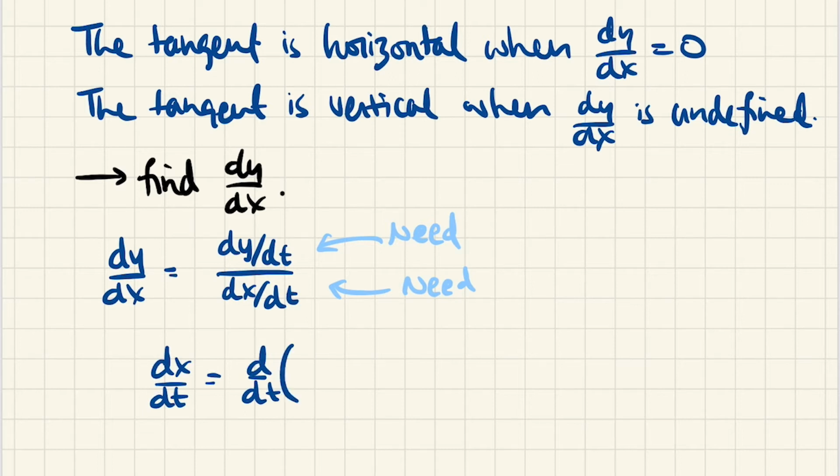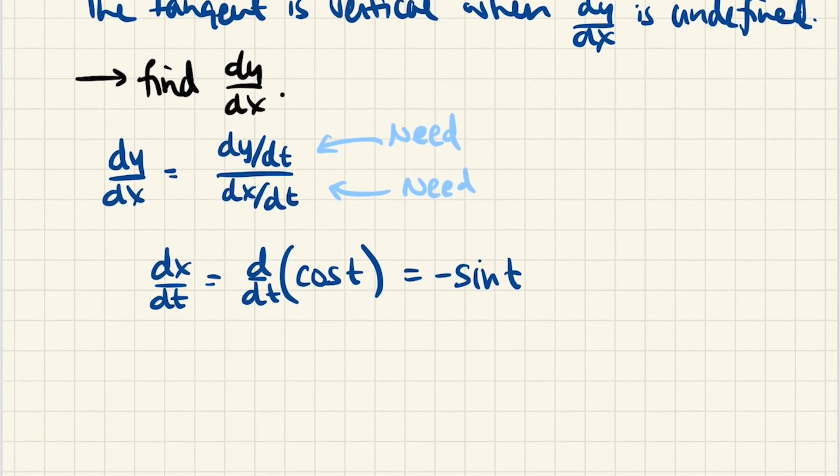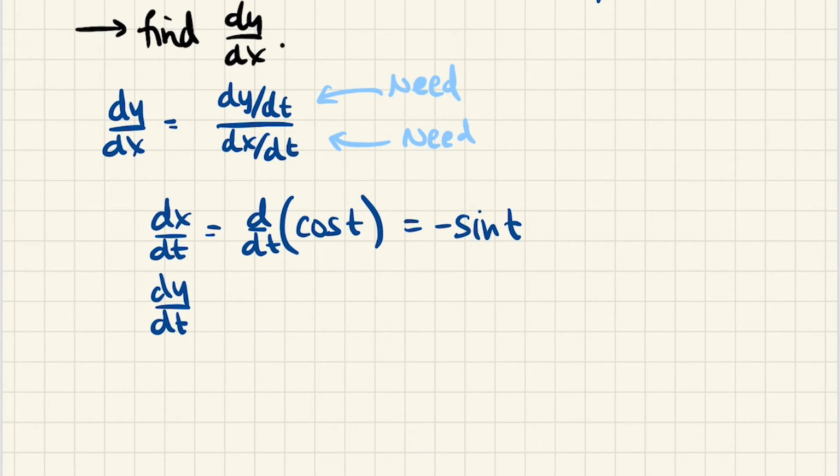So dx/dt is the derivative of x, which is cosine of t, and that's negative sine of t, of course. And dy/dt is the derivative of the y function, which was sine of 2t, and that is 2 times cosine of 2t.